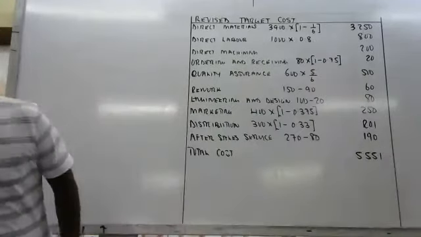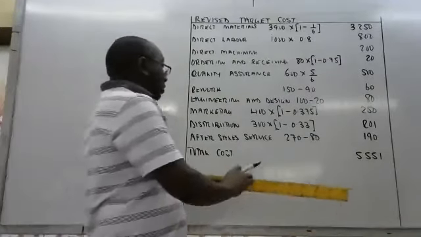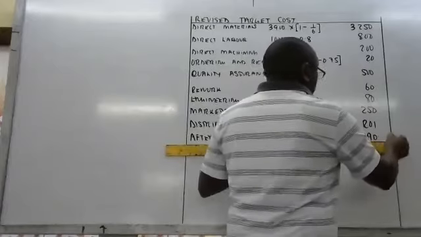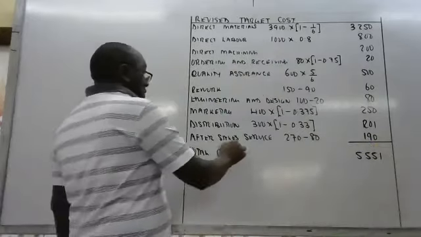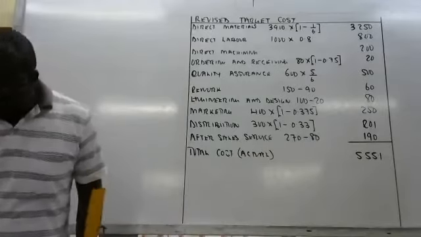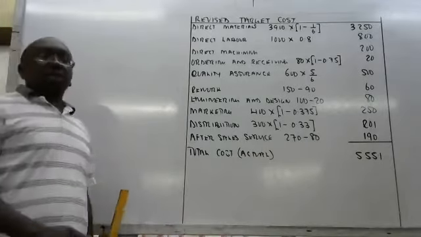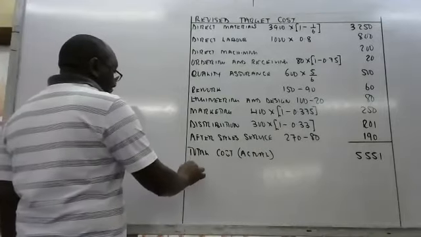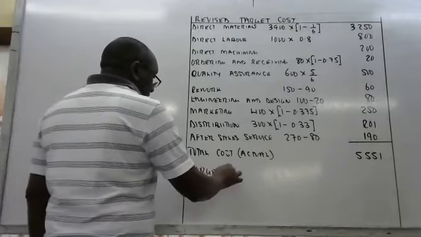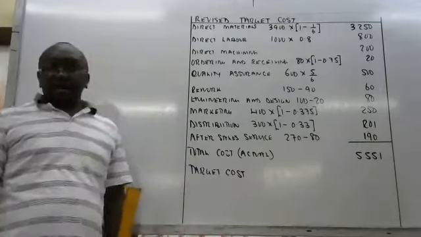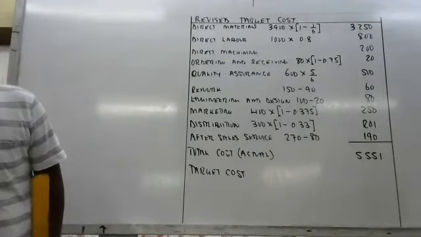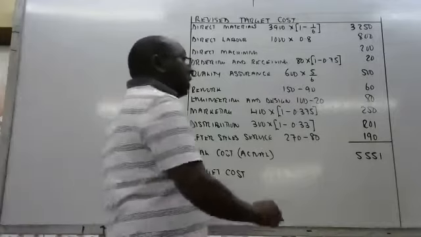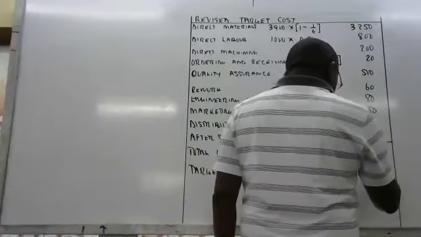That is the total cost. And remember, this is the one we call the actual. Then the question requires us to get the cost gap. So cost gap, we must then get the target costs. Target cost is already computed up there, and we were told it is 5,600.